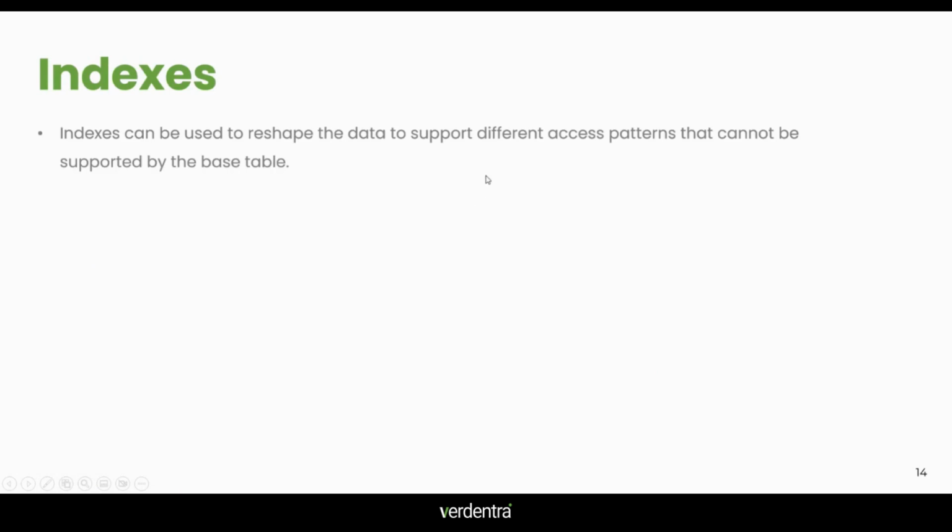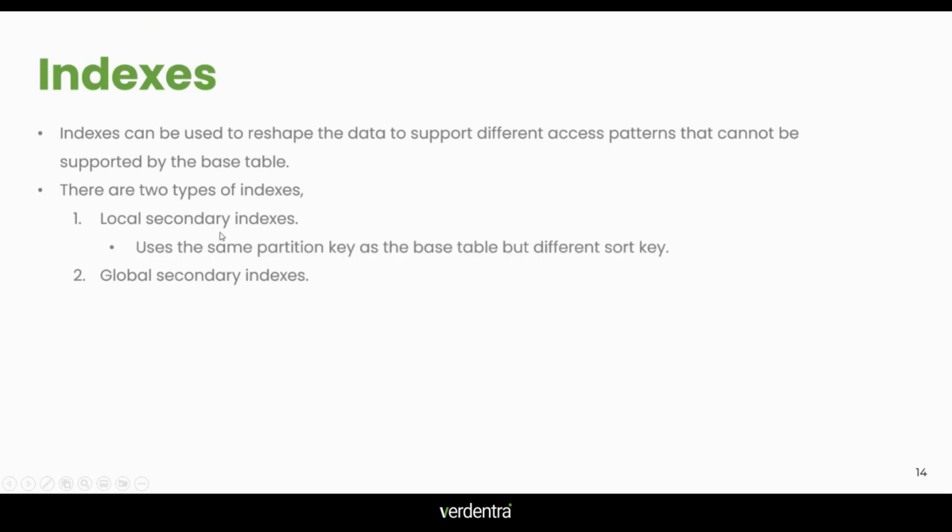Then we'll move into indexes. In DynamoDB, indexes work a bit differently. You can use indexes to reshape the data and support different access patterns that you cannot support with your base table. We'll talk more on that, but mainly there are 2 types of indexes: local secondary indexes and global secondary indexes.